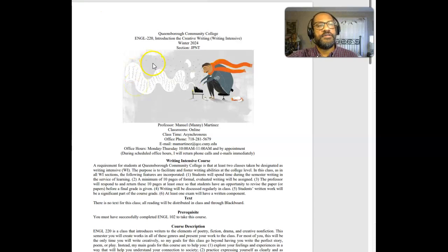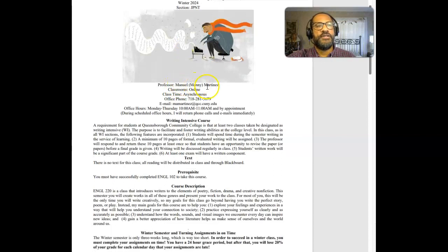So this is, as I said, Introduction to Creative Writing, ENGL 220 for winter of 2024. This is our section number. Manuel Manny Martinez is who I am. This is an online class, so there is no in-person component for this class. Everything will be done through Blackboard. This is an asynchronous class.